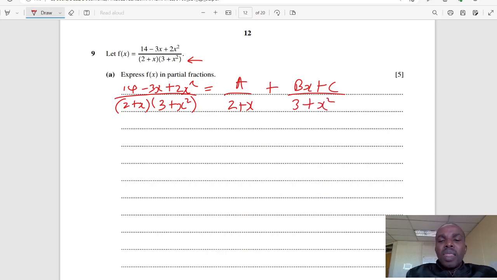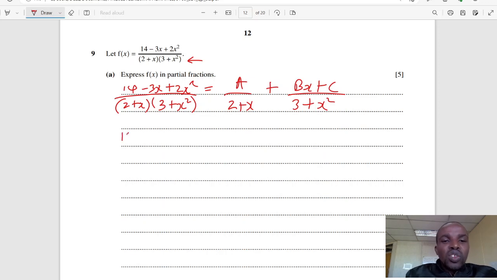Right, then you can get rid of the denominators. You multiply everything by the lowest common multiple of the denominators, which is 2 plus x bracket 3 plus x squared in another bracket.